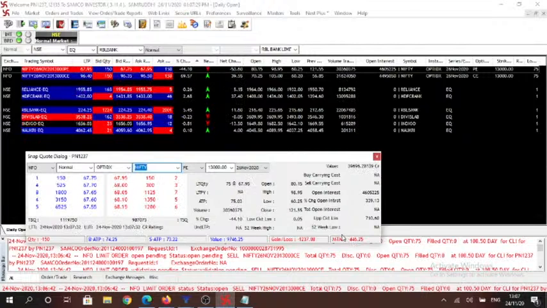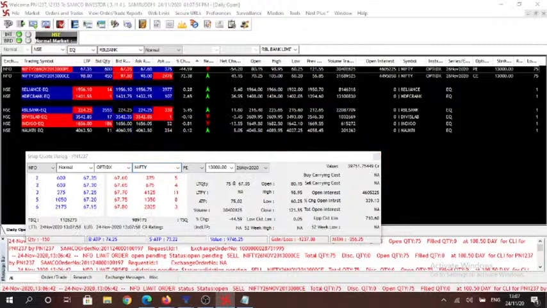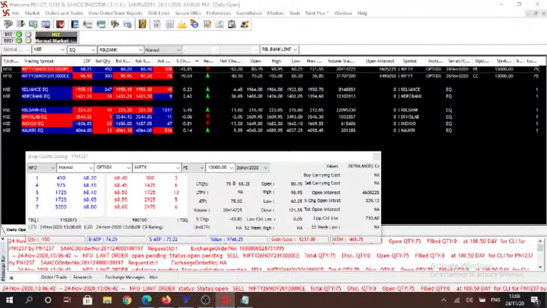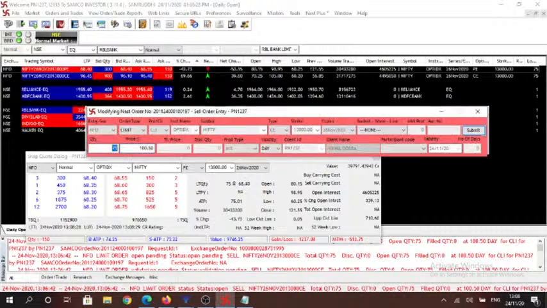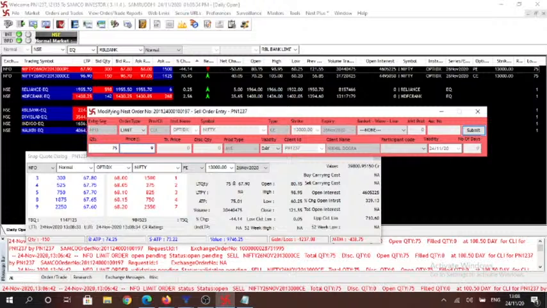We have an order at 100.5 to get out of one call, and we'll start squaring off our short puts as well because it is really making me frustrated right now. Modifying the calls at 99 now.